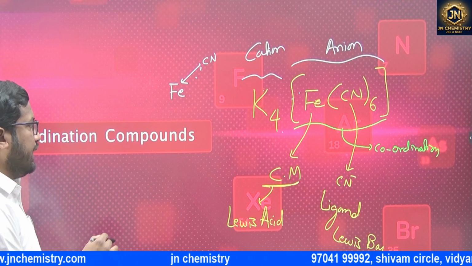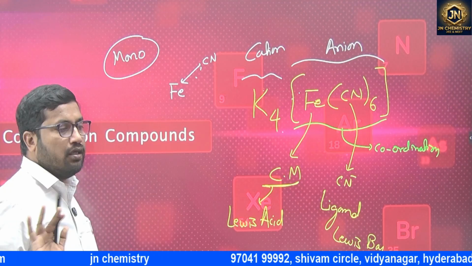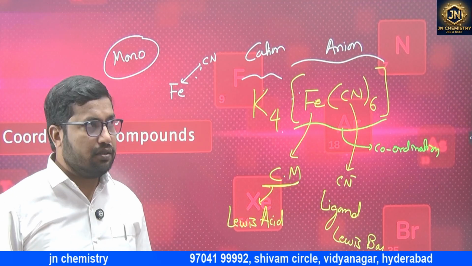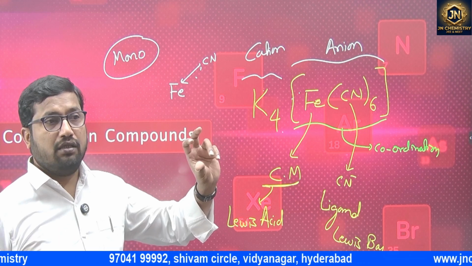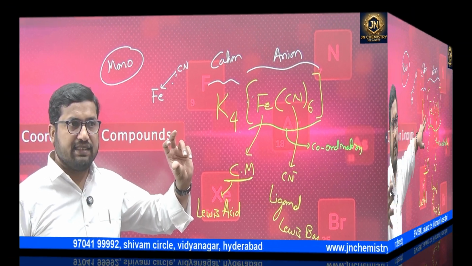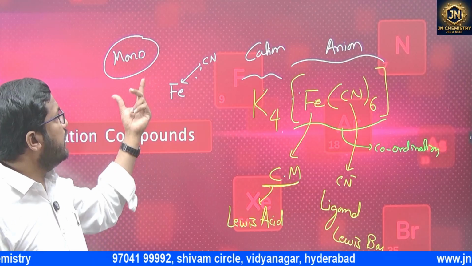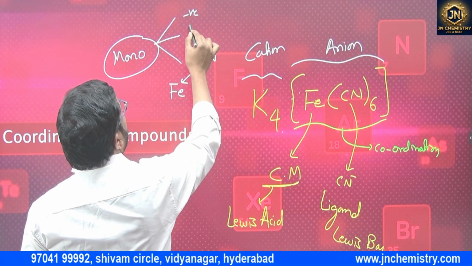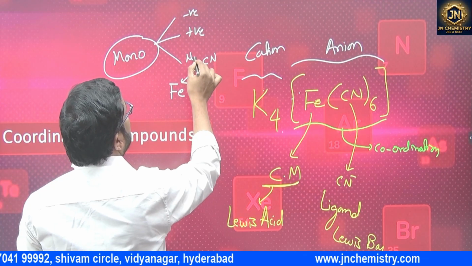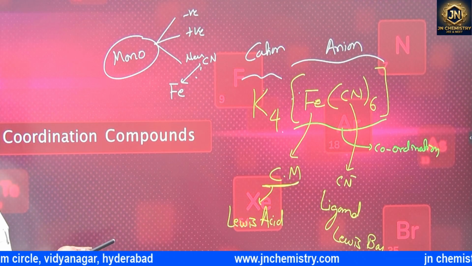No need to memorize all ligands; by looking at a ligand, we should be able to say which type it is. Monodentate ligands are further classified into three: negative, positive, and neutral.